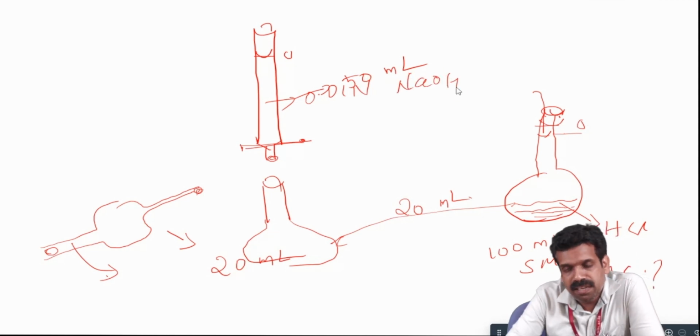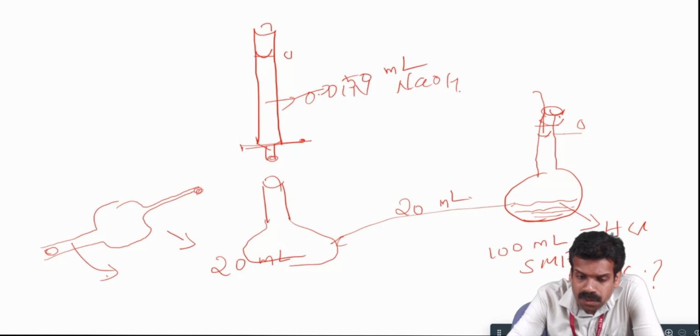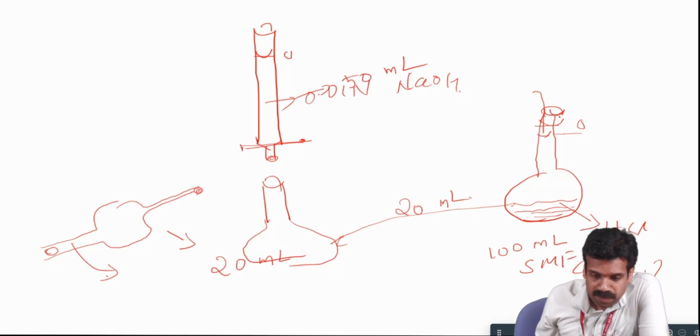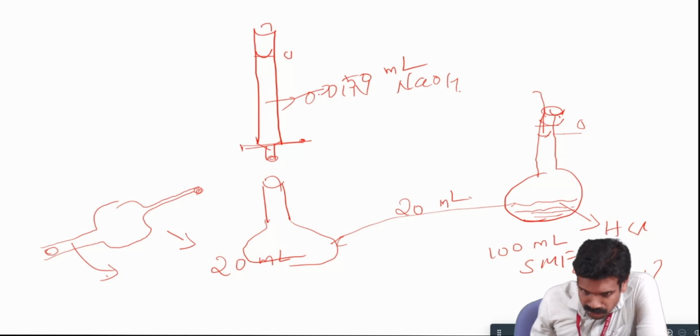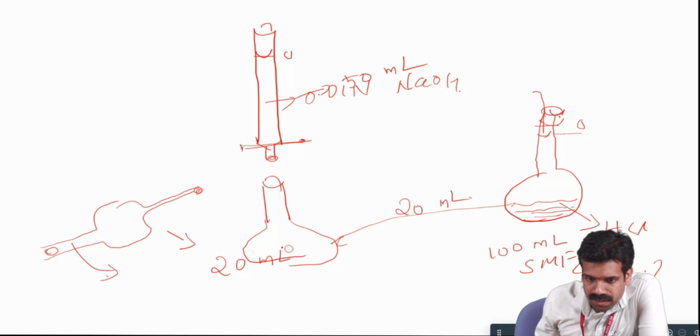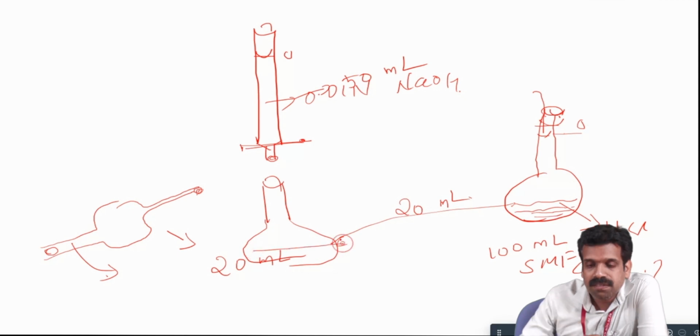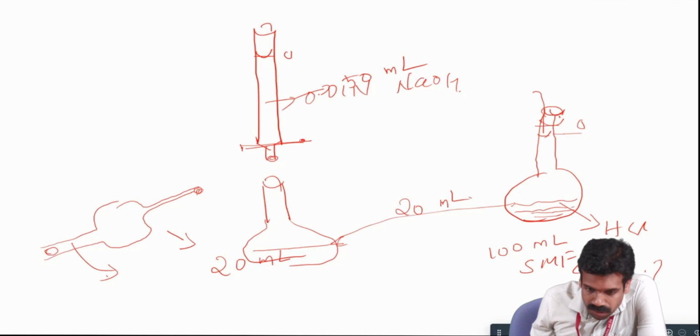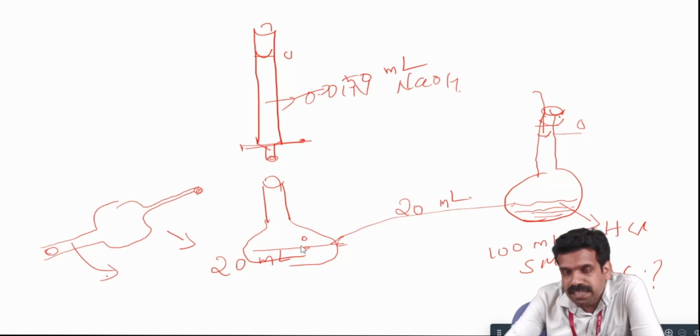0.01 normal NaOH solution. Now, you have one chemical left, that is the indicator, phenolphthalein. Where will you keep this? You have taken the acid solution in the conical flask. Now to this solution, you have to add 2 drops of the indicator, phenolphthalein, just 2 drops.